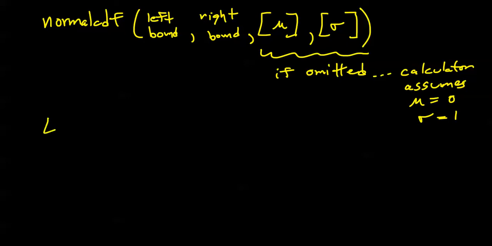Let's look at an example. Suppose women's heights. We want to consider adult women's heights. I'm going to let the variable x represent all the different heights of all the different women of all time.